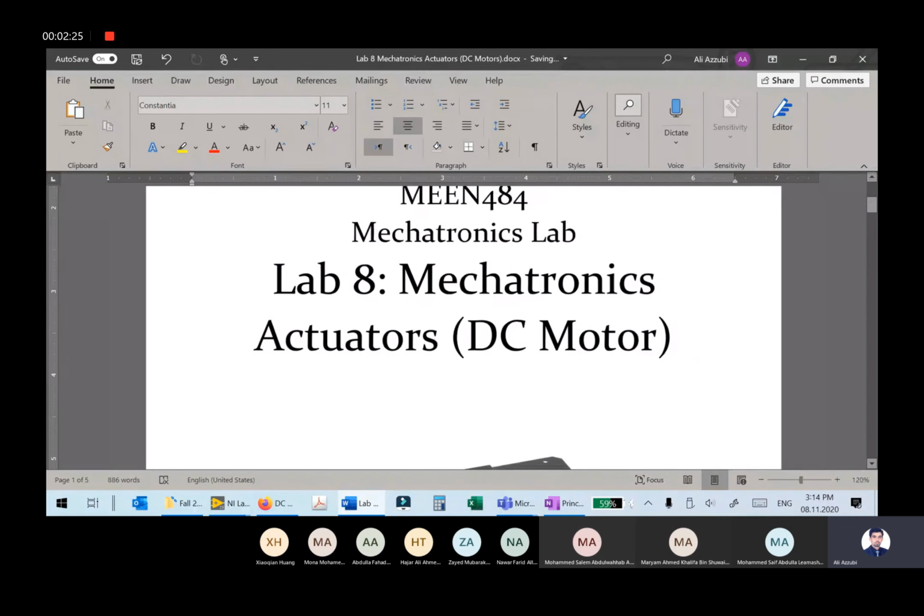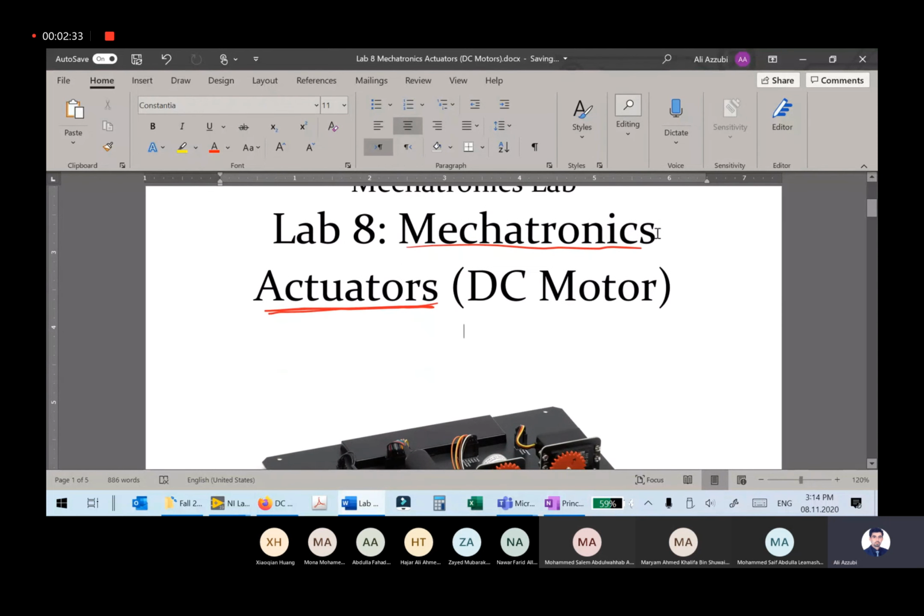Now the generic topic is mechatronics actuators. A slight or brief discussion about actuators. Let's hear from you. What is an actuator?